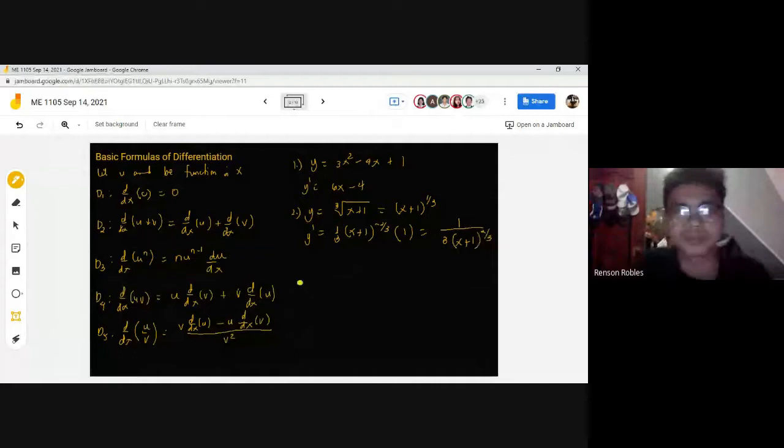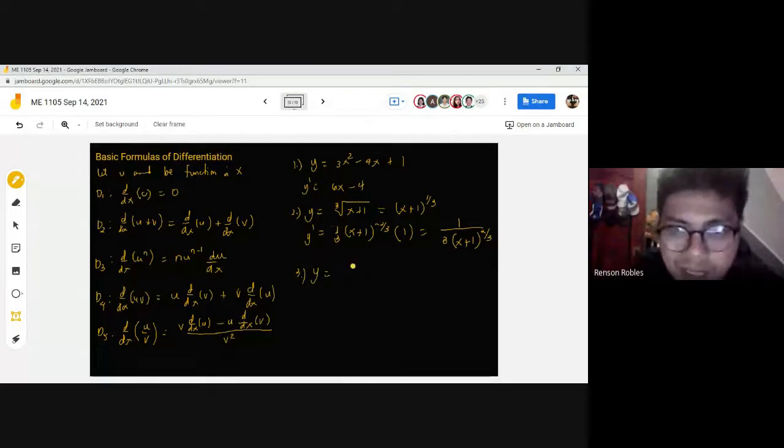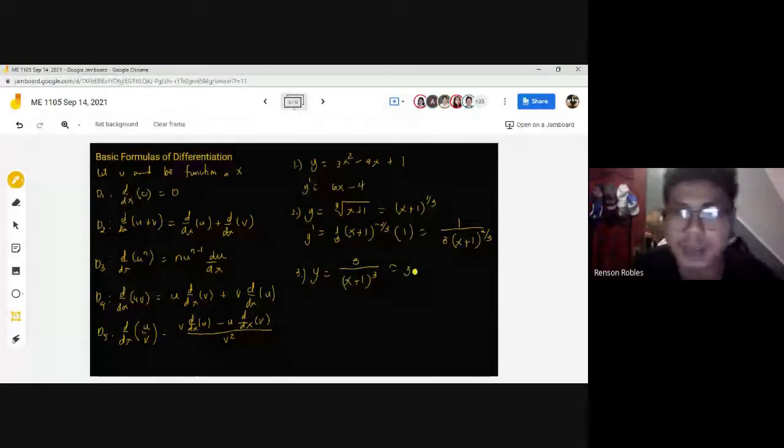3. Say y equals, hold on, 3 over x plus 1 to the 3rd power. So to simplify, to find the derivative, to use the power rule, you just write this in above. So that's x plus 1, but you have to make this power negative because you get the reciprocal.